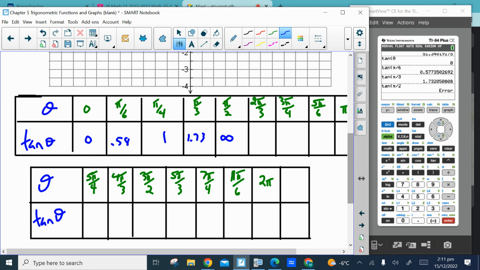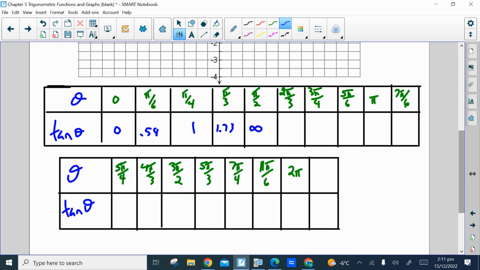And then we can continue again using the calculator, but I'll just give you the values from here on in. At 2 pi on 3, it's negative 1.73. 3 pi on 4 is negative 1, then negative 0.58. At pi, it's 0. At 7 pi on 6, positive 0.58. Then 1.73.